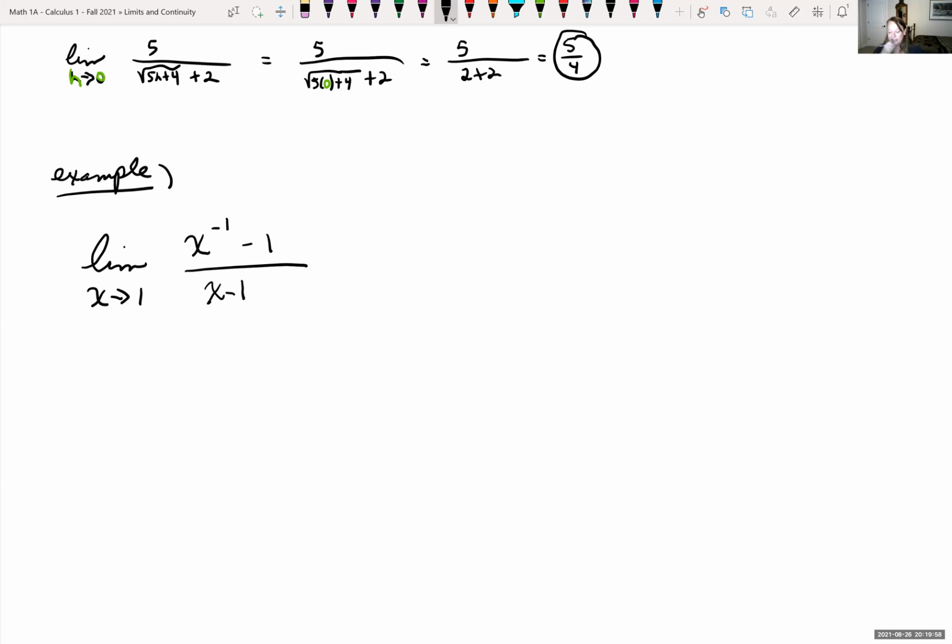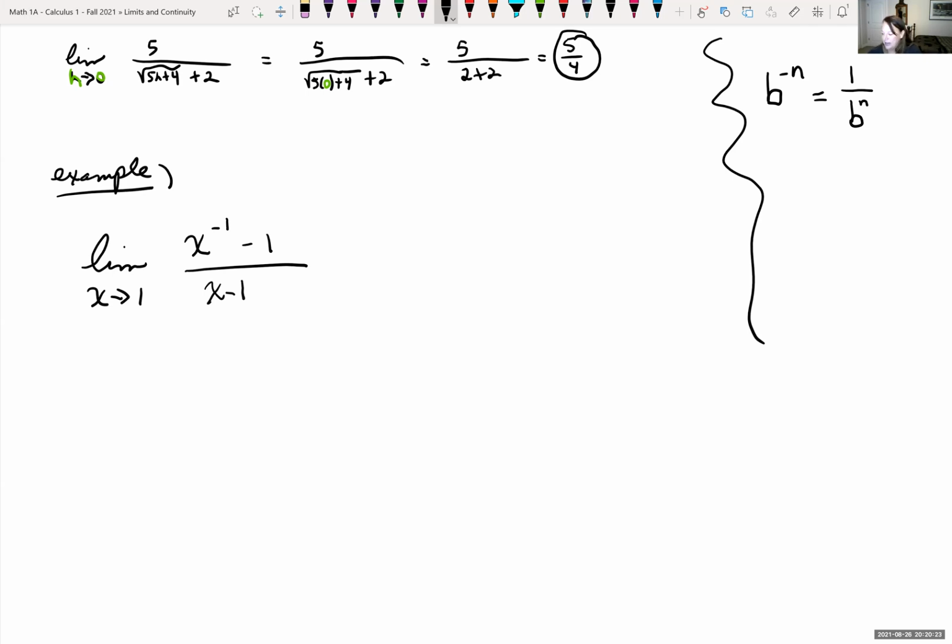Okay, so let's first rewrite this. We could leave that negative exponent there, but I would prefer to rewrite that. And so just recall again, let's say you have b raised to a negative exponent. We can change that exponent and make it positive. If this was in the numerator, I could rewrite this as 1 over b to the nth power.